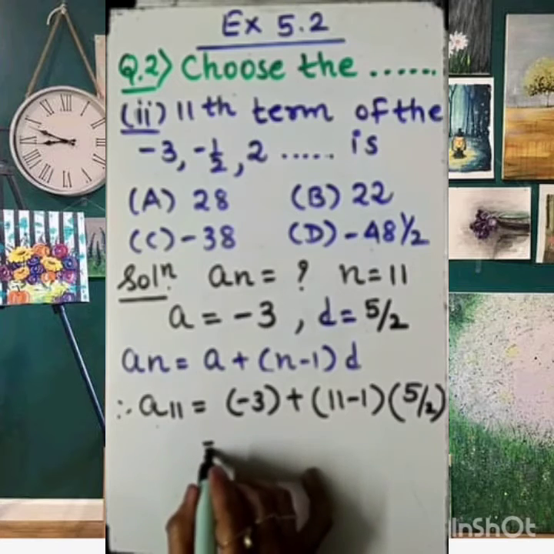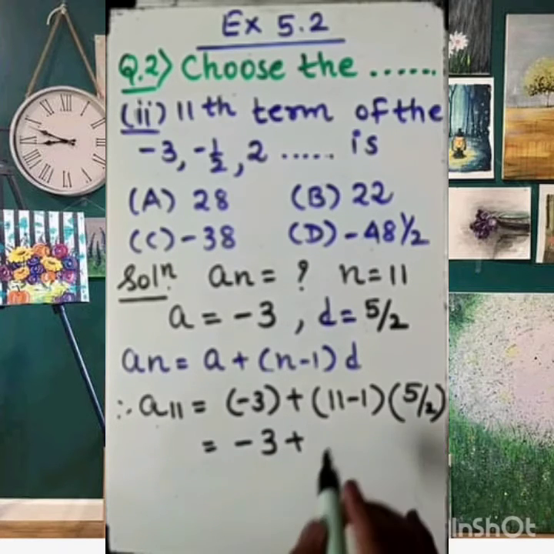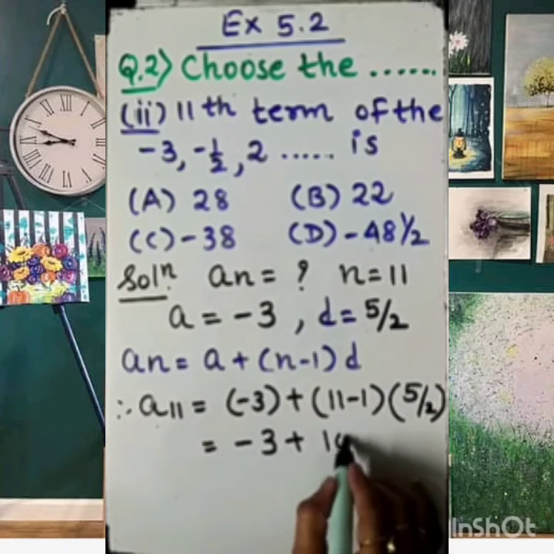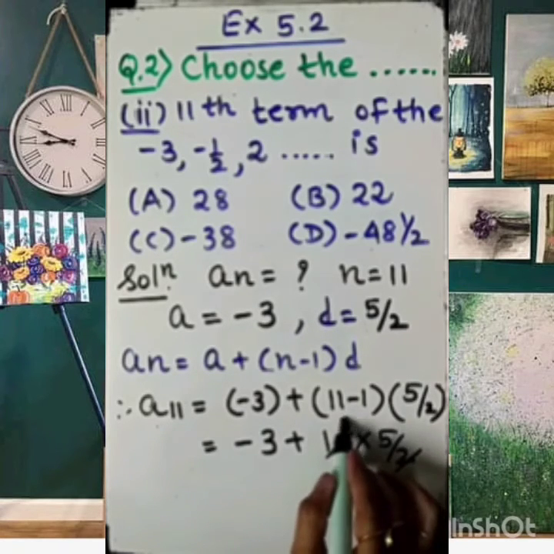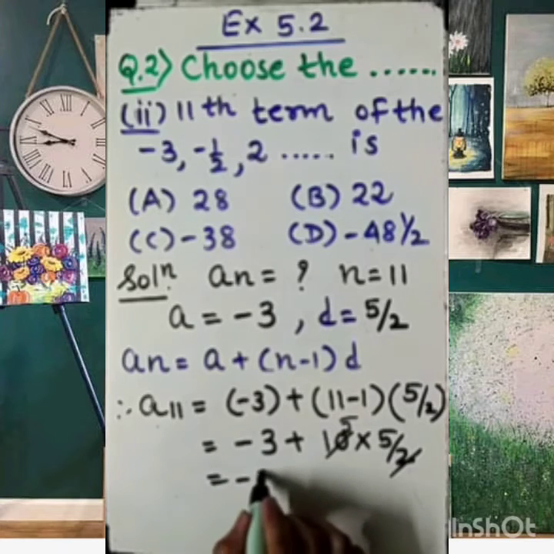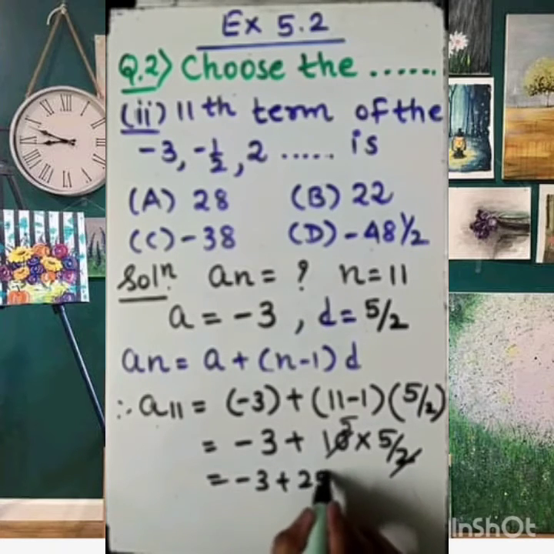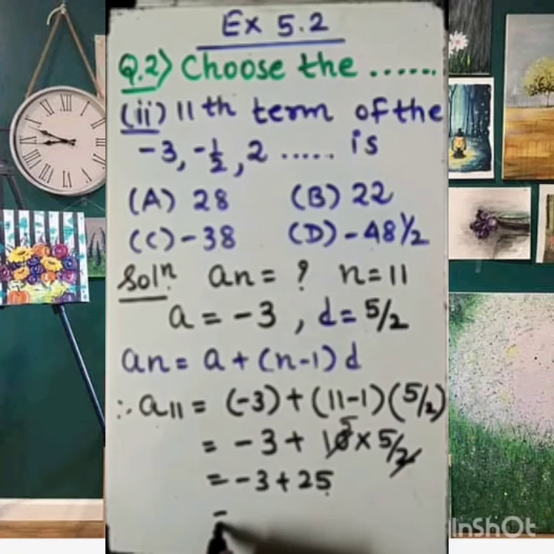So next, here it is minus 3, 11 minus 1 is 10 and this is 5 by 2. This will be cancelled with this, so here it will be 5. 5 fives are 25. 25 minus 3 gives the result 22.